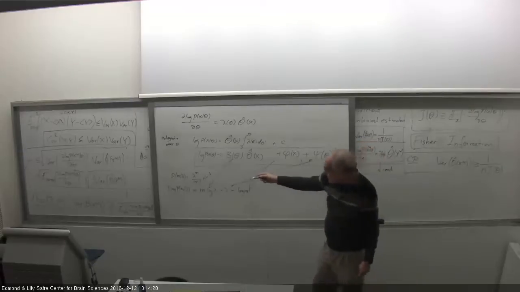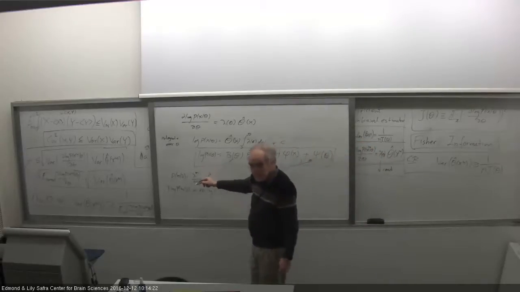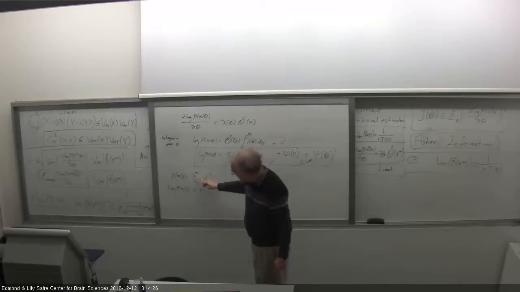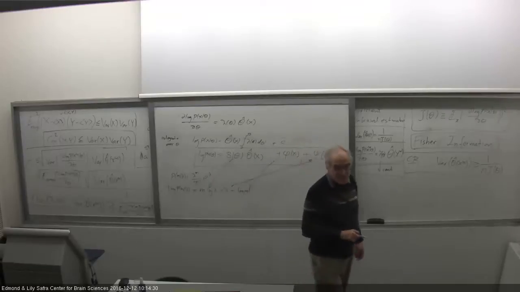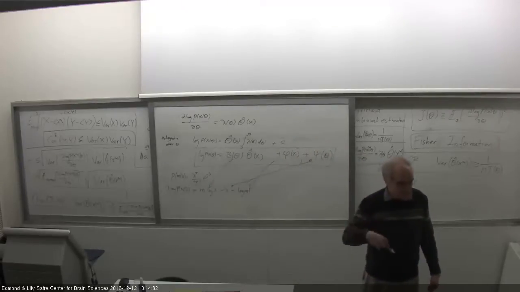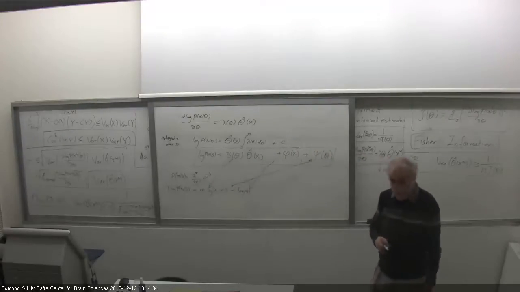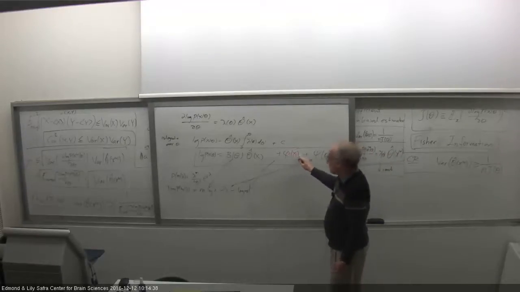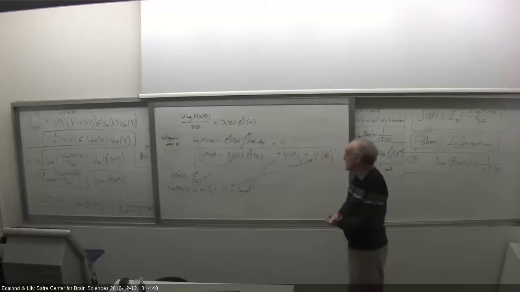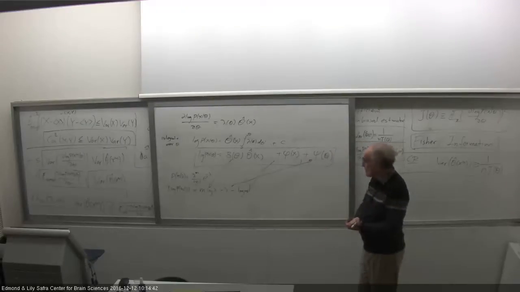So e to the minus lambda is the normalization function here, as you should all know. If I sum this over all m's, I get an exponent. So e to the lambda is the sum, so e to the minus lambda is the normalization. And this is essentially usually related to normalization, and this is related to the prior, actually. In this case, it's log m factorial.